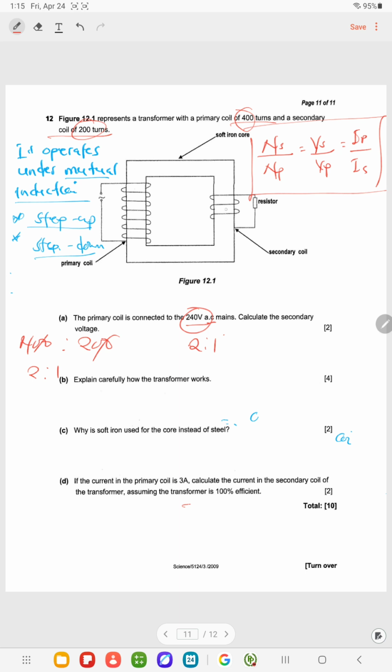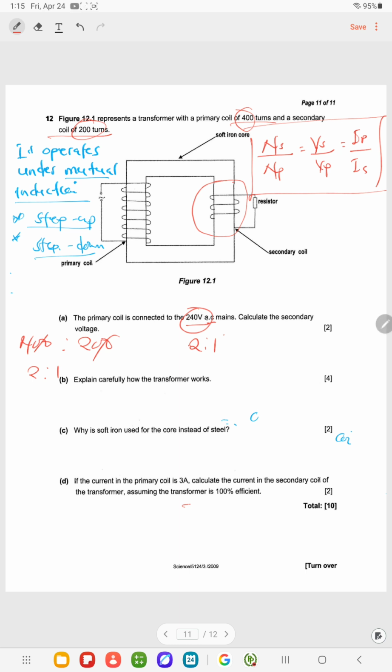Look at this transformer, we are able to see that it is a step down transformer because the number of turns on the secondary coil is less than the number of turns on the primary coil. So this one is called a step down transformer. As we are stepping down, how much voltage are we reducing?